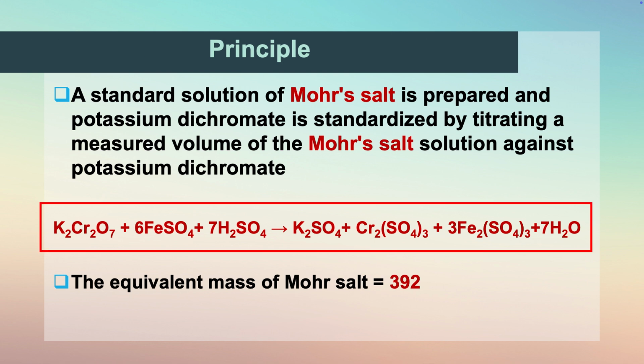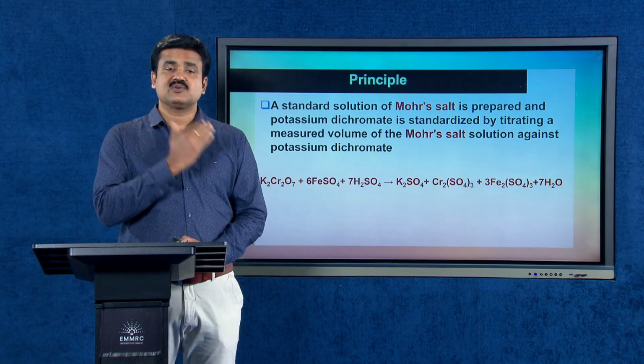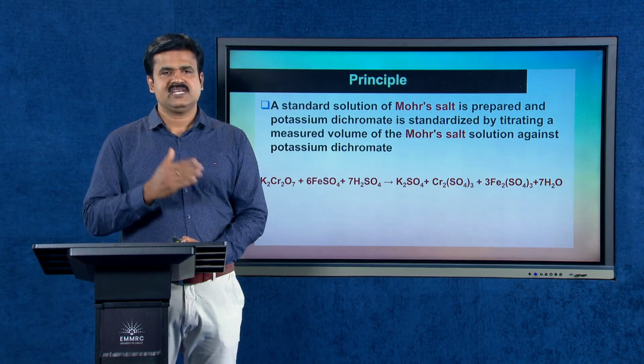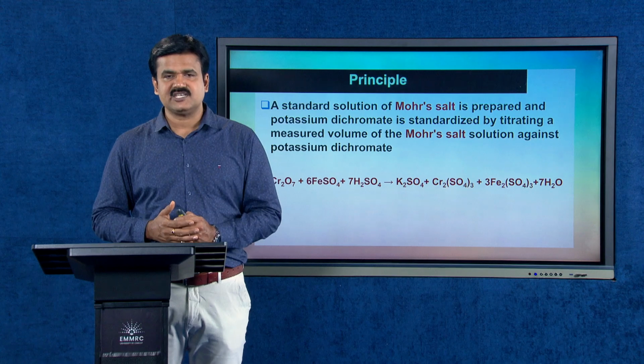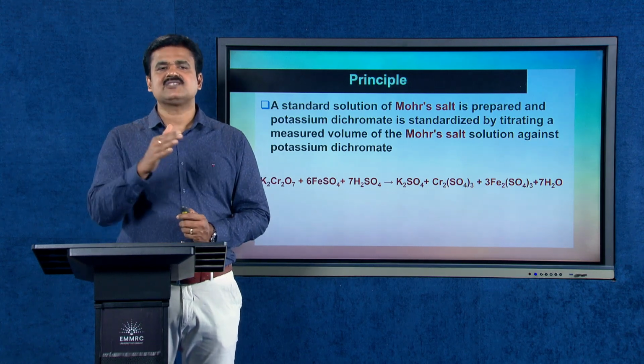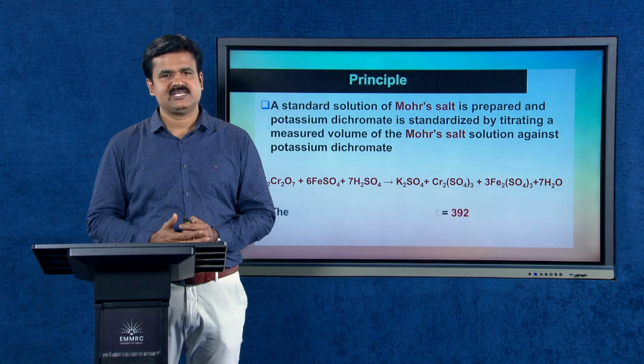K2Cr2O7 + 6FeSO4 + 7H2SO4 produces K2SO4 + Cr2(SO4)3 + 3Fe2(SO4)3 + 7H2O. That is why potassium dichromate acts as an oxidizing agent in this reaction. It is very clear that ferrous sulfate on the left hand side is oxidized to ferric sulfate. That ferrous to ferric conversion is achieved by acidified potassium dichromate.